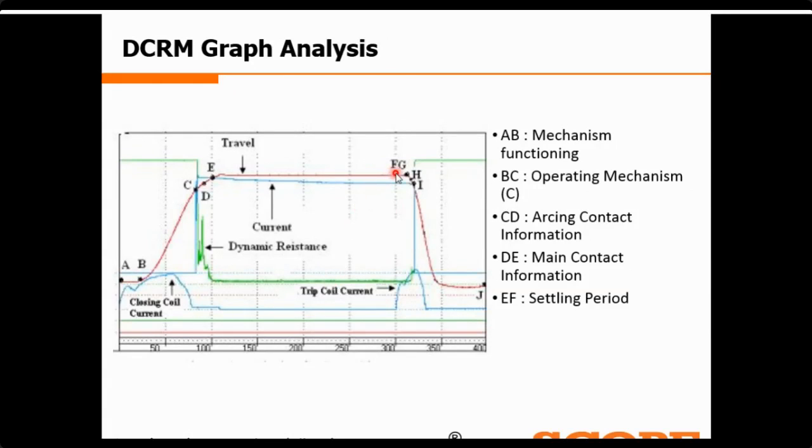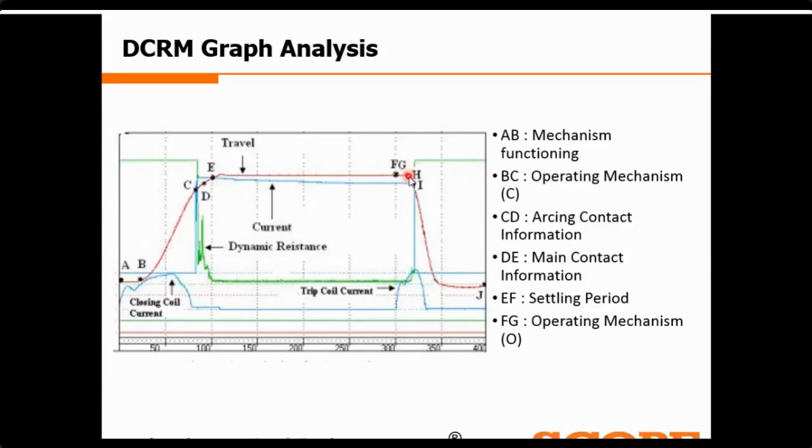At point F, you can see the trip command is extended to the circuit breaker trip coil. The trip coil plunger will actuate the various levers or valves to move the piston of the driving mechanism. The time taken between F and G will indicate the proper functioning of the various components of the opening or tripping assembly.